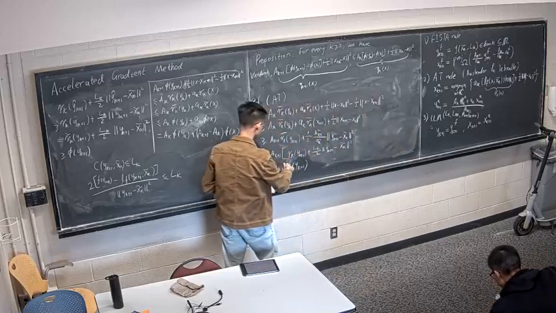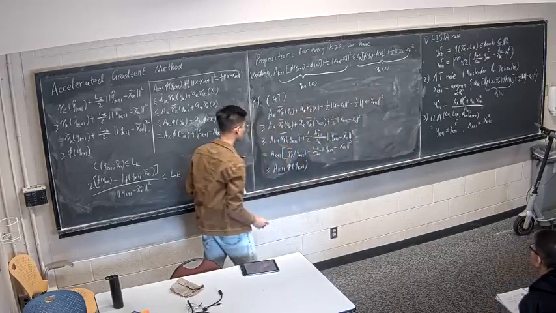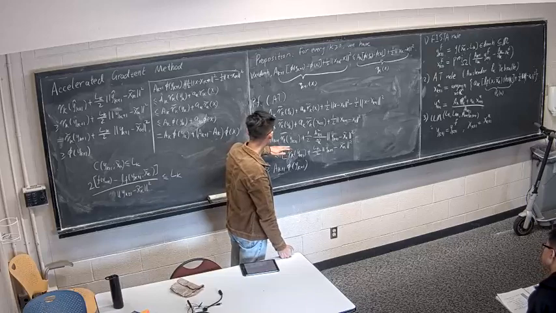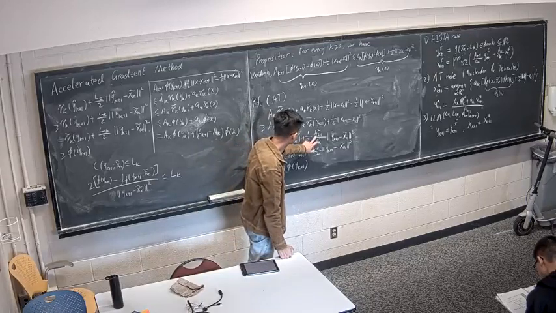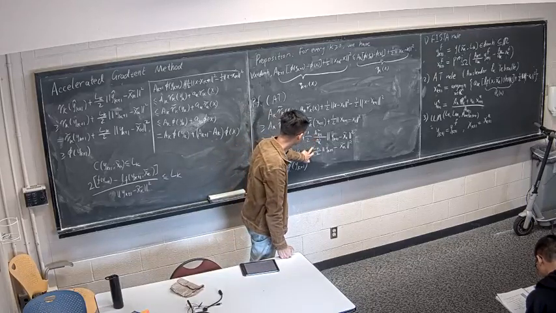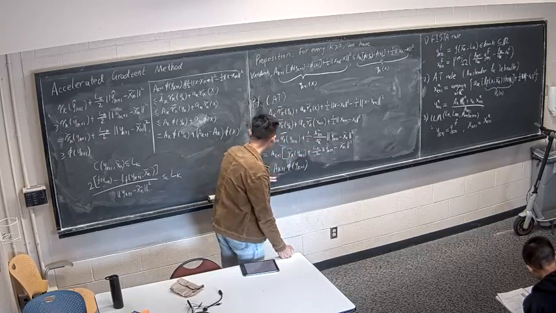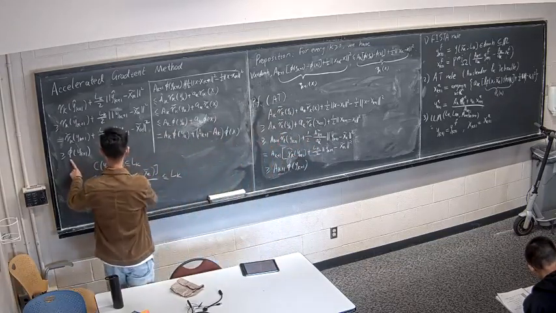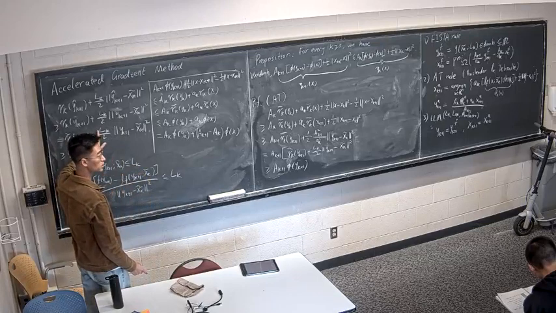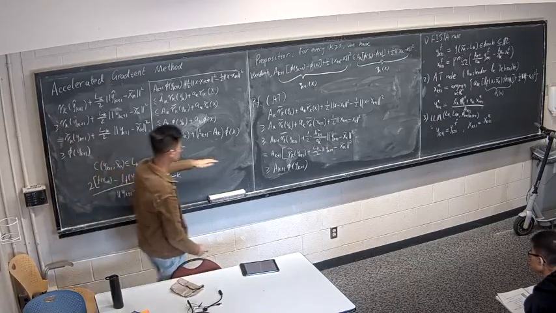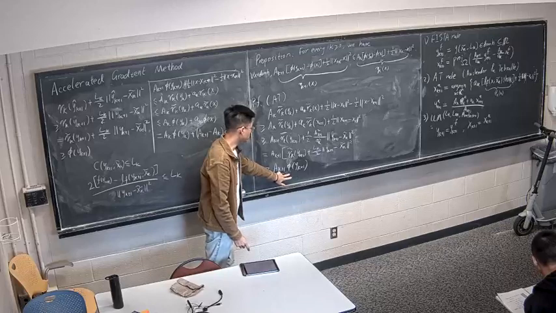This is correct. We just change this to gamma tilde. That should be fine. So sorry. From here to here, we just use the fact ak plus 1 over little ak squared is lk. And from here to here, we do the same argument as before because lk is a good local estimate for L. So the linearization plus quadratic is under function f.